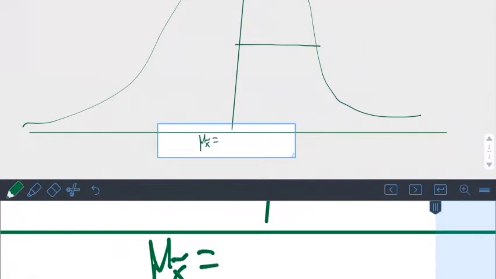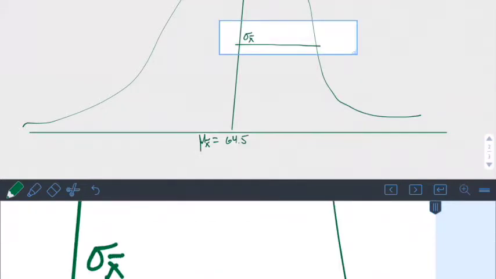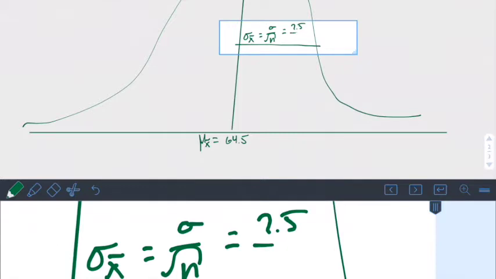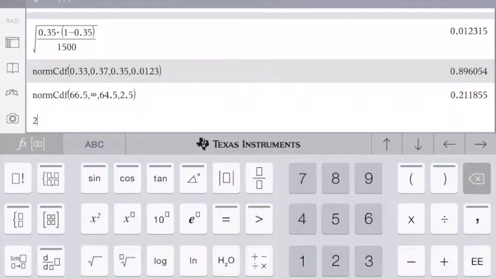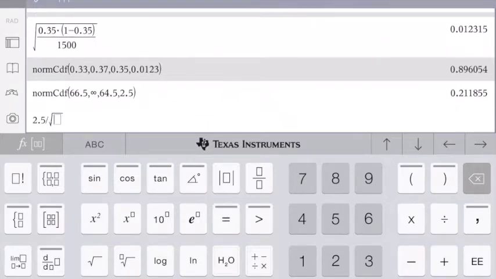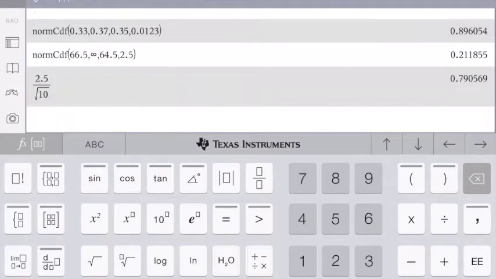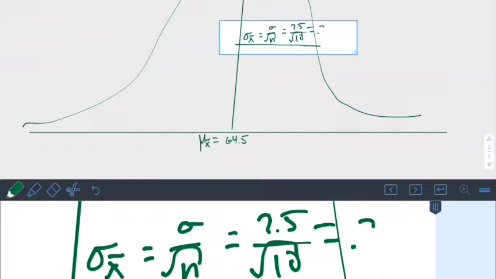Mu of x bar is going to be about the same, 64.5. Sigma of x bar is sigma over square root of n. So it's 2.5 over square root of 10. So 0.79.